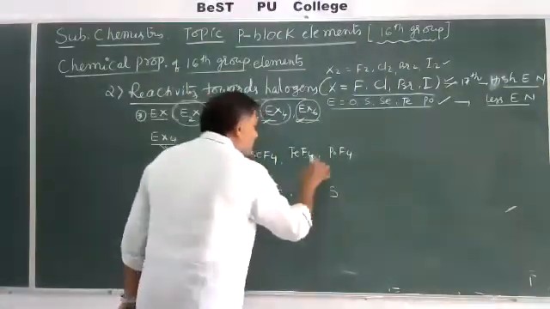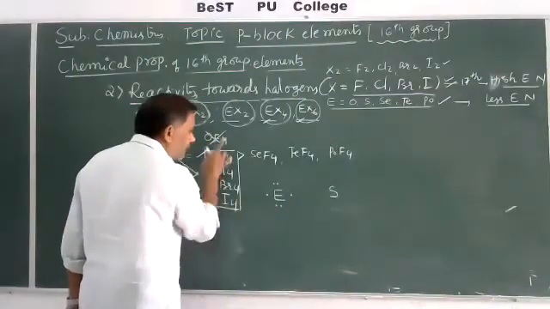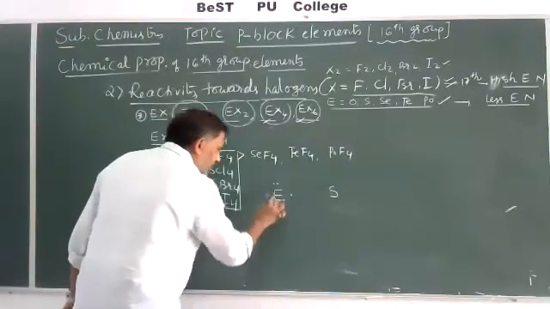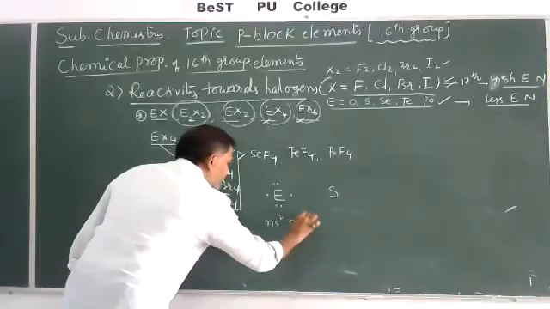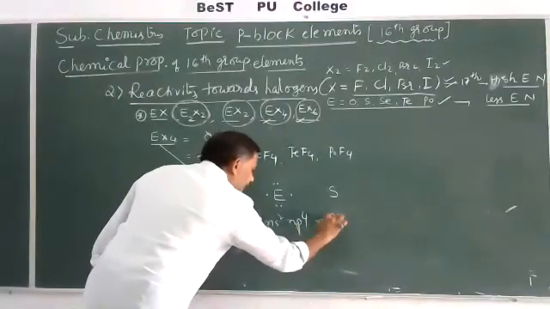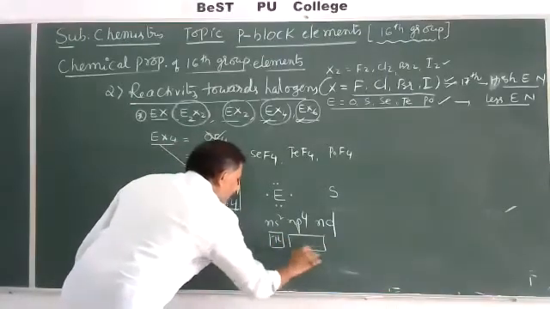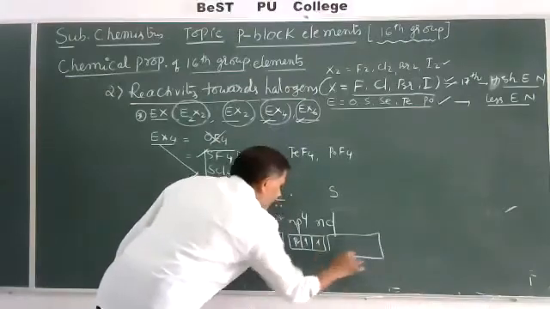For 4 fluorine atoms, 4 single electrons are required. That's why its electronic configuration is generally ns2, np4, and nd is there. Here 2 electrons are there, here 4 electrons are there like this. Now this is vacant.